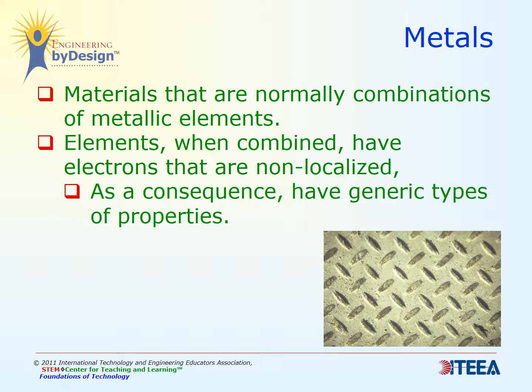For metals, they're materials that are normally combinations of metallic elements. Elements will be combined. Their electrons are non-localized. So, consequently, you have generic types of properties.